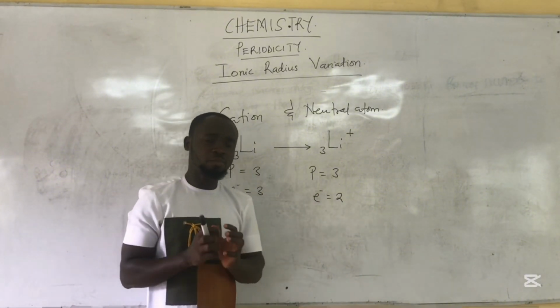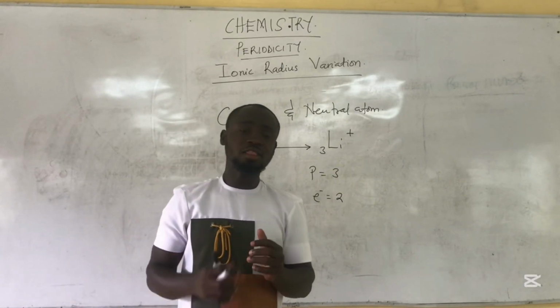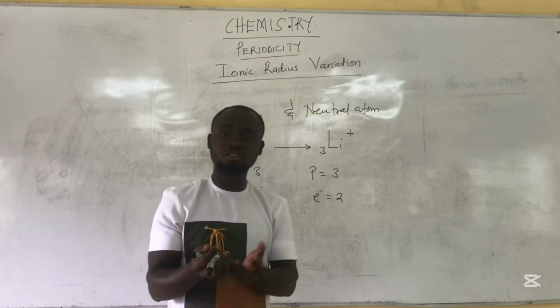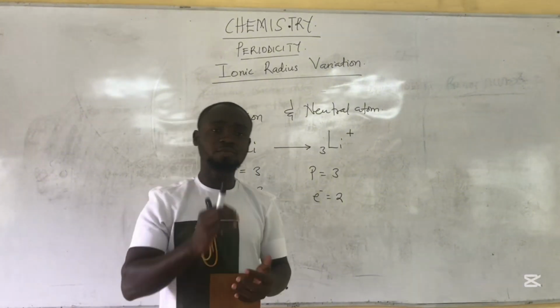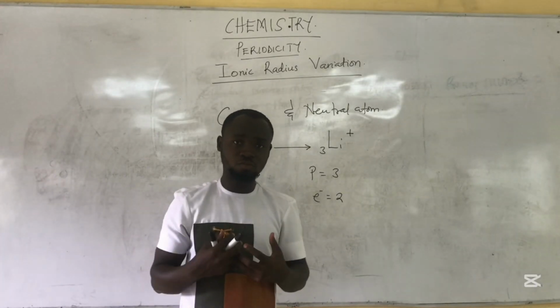And the moment the protons are more than the electrons, it means that there is more nuclear attraction, but there are few electrons to cause repulsion, which would otherwise bring about reduction in attraction coming from the proton. Is that okay?